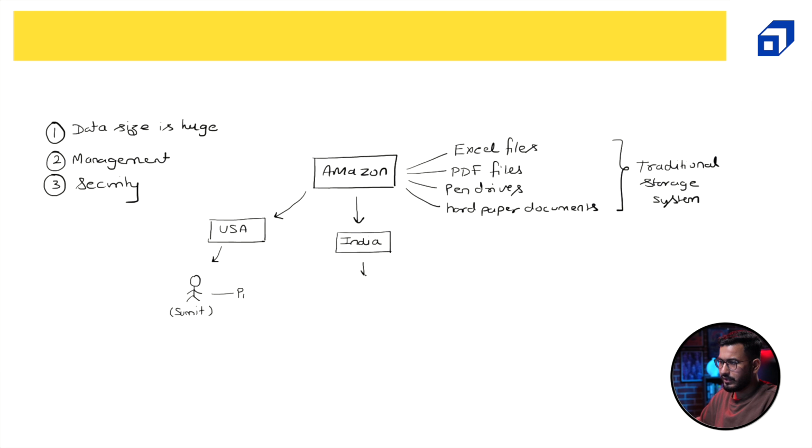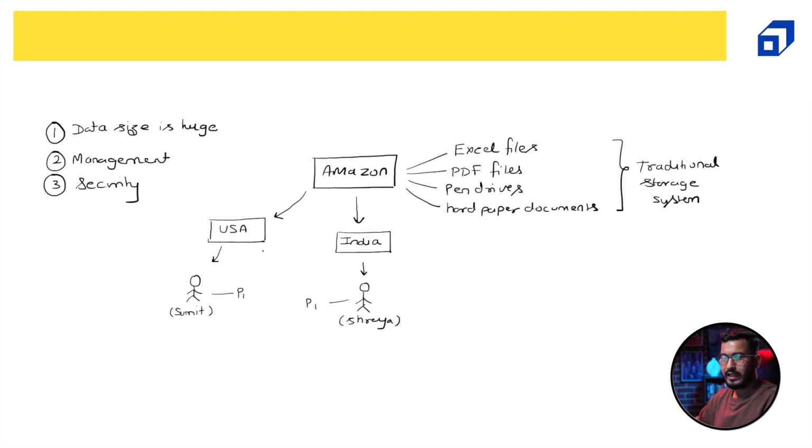Here we have another person, and her name is Shreya, and she is also working on the same project P1. Now they both need to work on the same data file. So what Amazon has done, we have to assume right now that Amazon does not have any technology to make the same data available to both of them. Or maybe the same data is accessible to both of them.